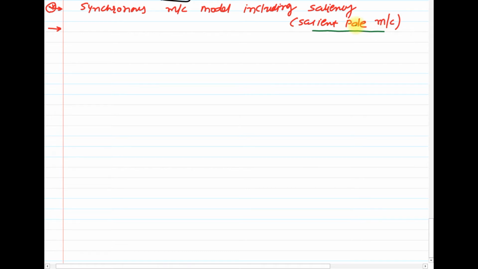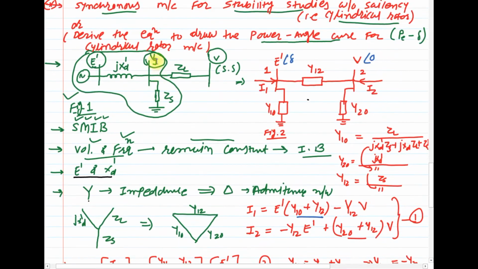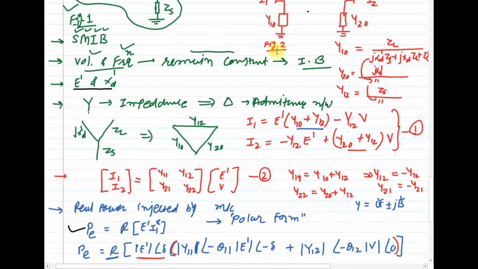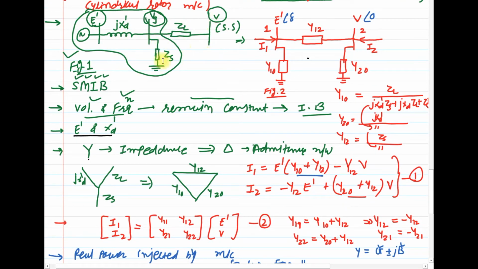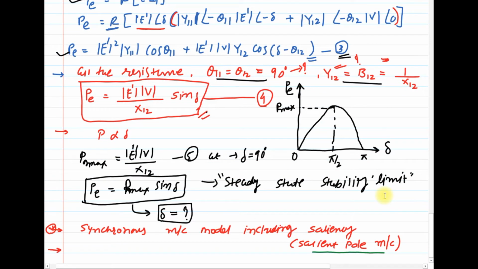Previously we derived the condition of stability for the cylindrical rotor machine, that is, without saliency effect. For that we considered the SMIB system and derived the steady state stability limit.